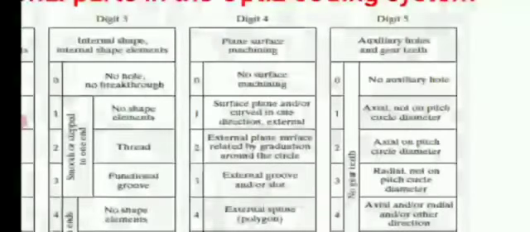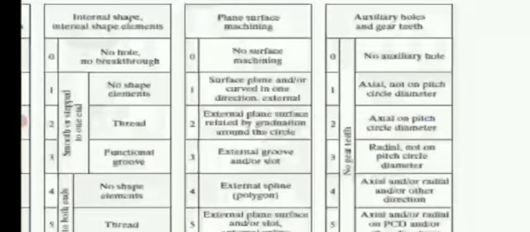See the digit 5 column, that is auxiliary holes and gear teeth. Already we see in the diagram no holes in auxiliary. So the corresponding form code value is 0. Okay. Digit 5 represents 0.